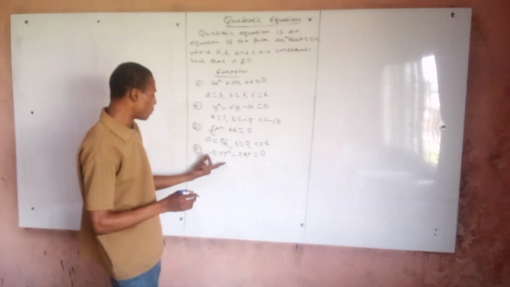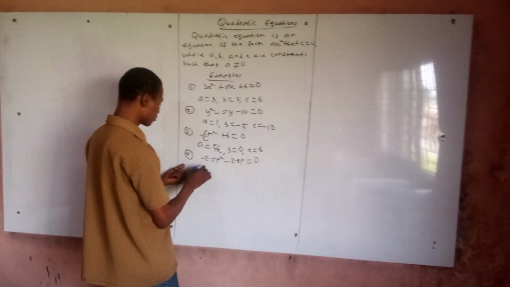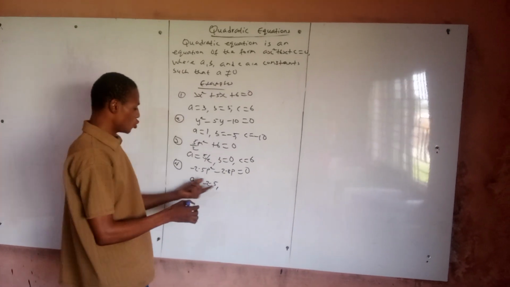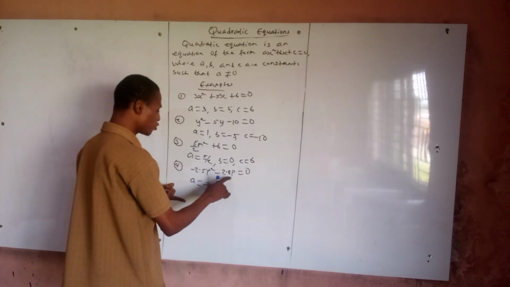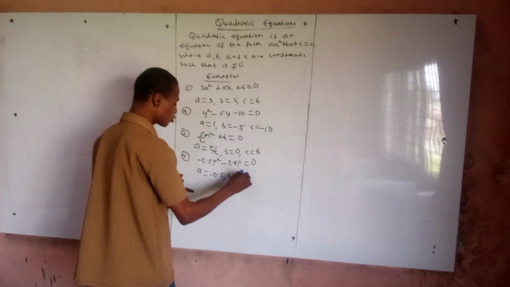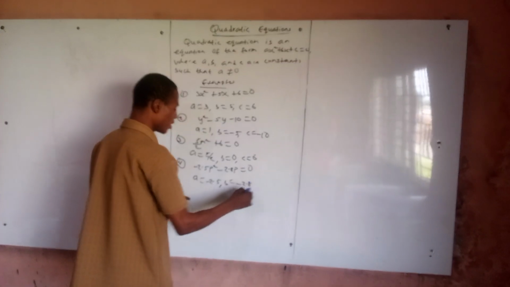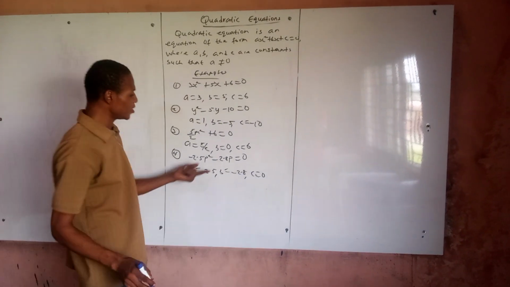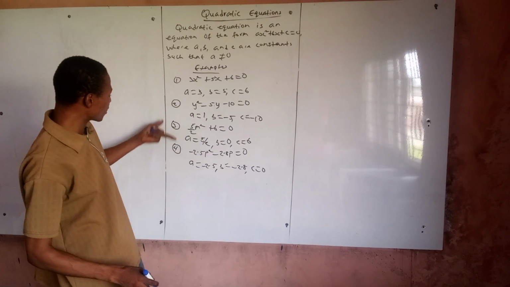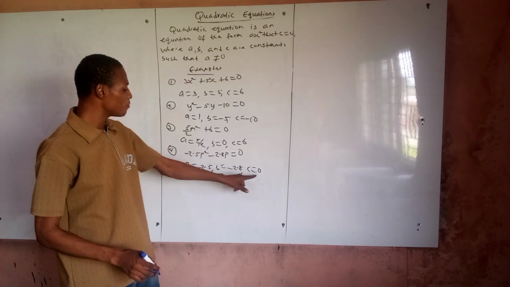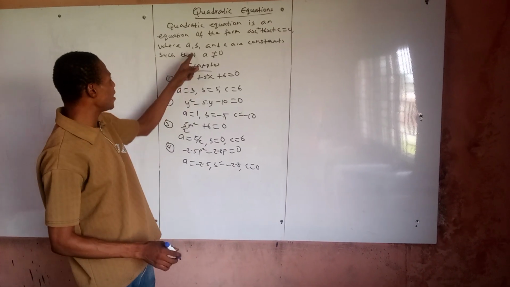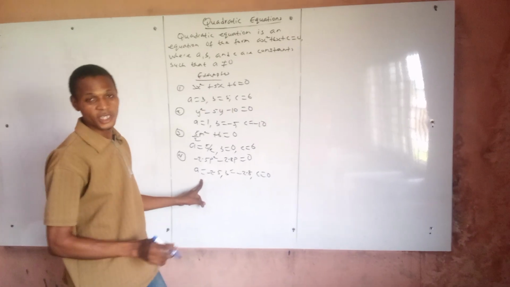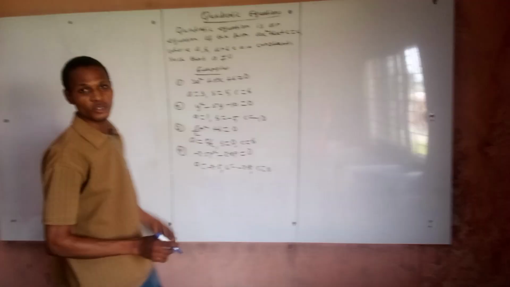If you compare, your a is minus 2.5, your b, the coefficient of p, is minus 2.8, and your c is 0. You can see in this last example that your b and c can be 0. But if your a is equal to 0, that's not a quadratic equation. It becomes a linear equation.